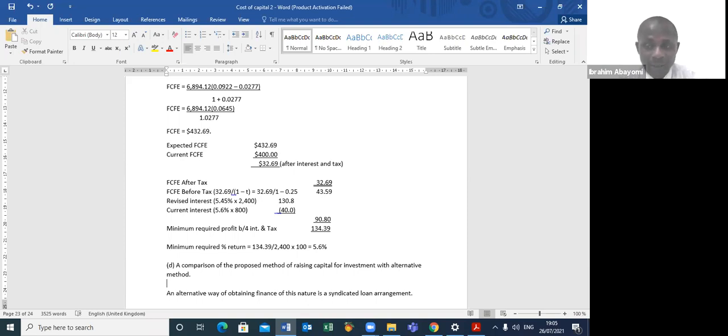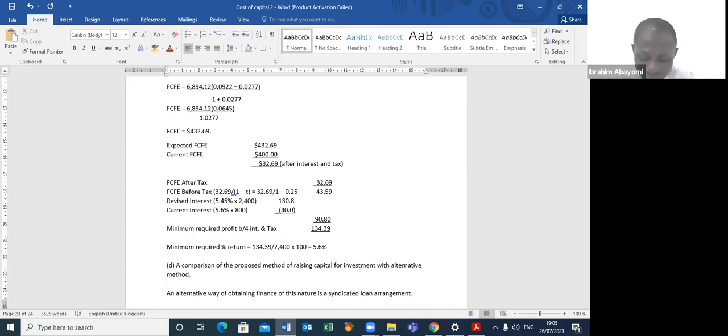But when you use a syndicated loan, what is syndicated loan? Syndicated loan is a loan arrangement that is organized by a group of banks, okay? A group of banks led by one of the banks, where loans are arranged for a huge amount across border.